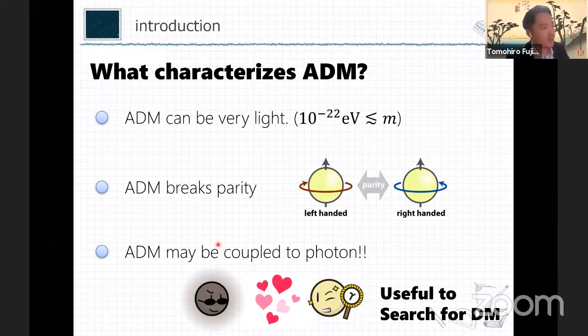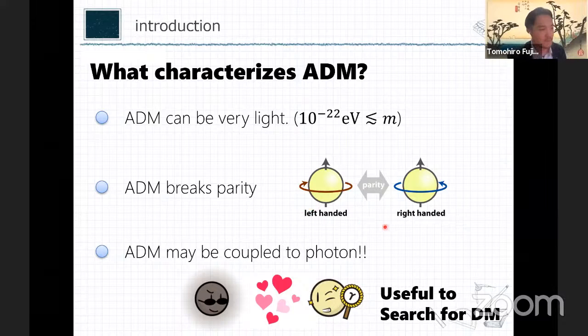On top of that, when I specify Axion-Like dark matter, that means I assume the following three properties. One is that Axion-Like dark matter can be very light due to a shift symmetry. It can be as light as 10 to the minus 22 electron volt. The second property is that Axion-Like dark matter breaks parity symmetry. Since axion is a pseudo scalar field, when it's involved in the physics, the system differentiates the left-handed mode and the right-handed mode.